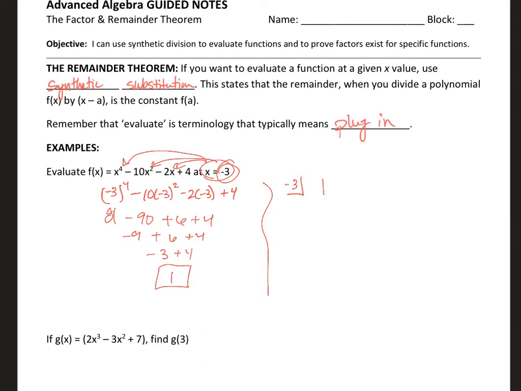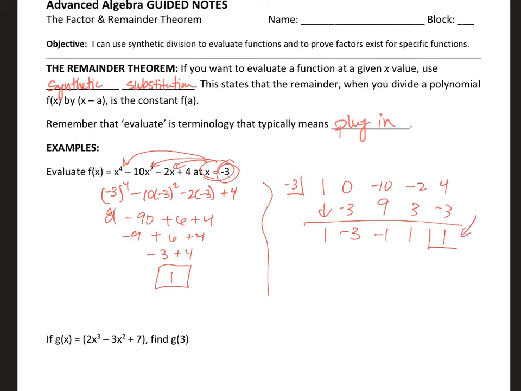That's 1. We need a placeholder because it's not x to the third, so that's 0, -10, -2, and 4. Bring down the 1, so -3 times 1 is -3. Add those, that's -3. That's 9, that's -1. That's 3, that's 1. That's -3. And then the remainder here is 1.